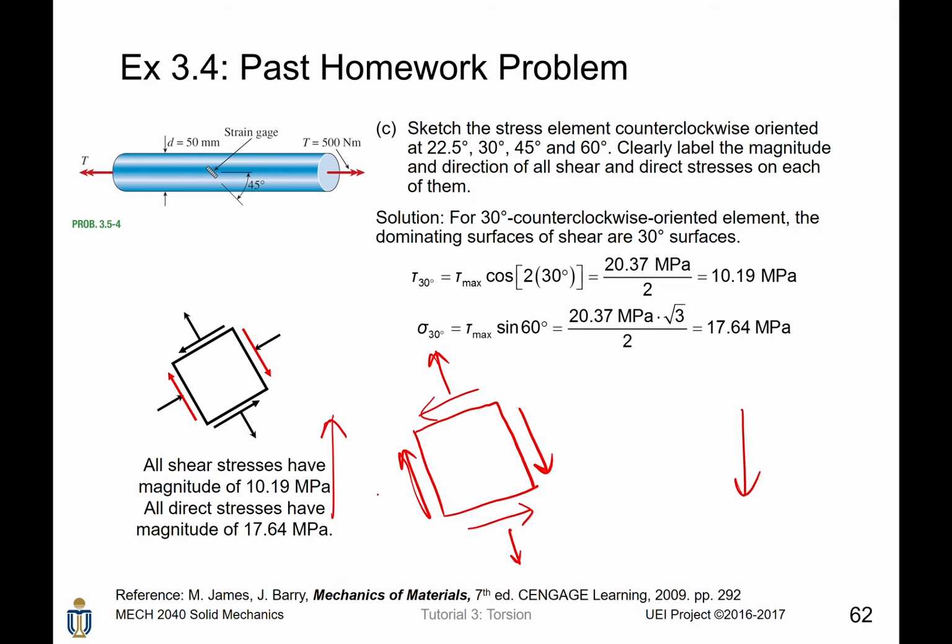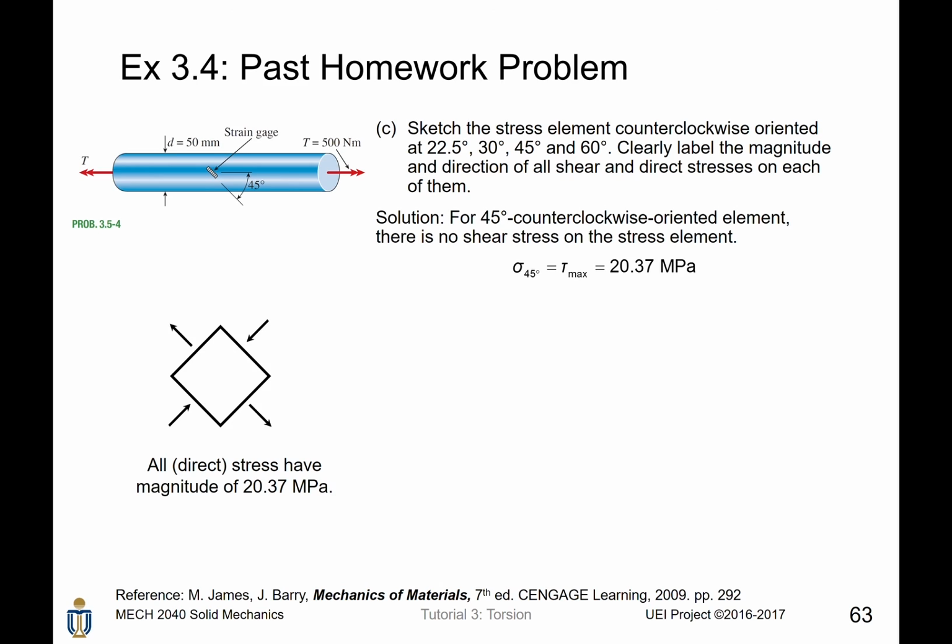It is compressive in other directions. It's done. So we have determined the direction of all shear and direct stresses on this stress element. The magnitude of the shear stress acting on it is 10.19 million pascals, while the magnitude of all axial stresses is given by 17.64 million pascals by using the equations we derived before.